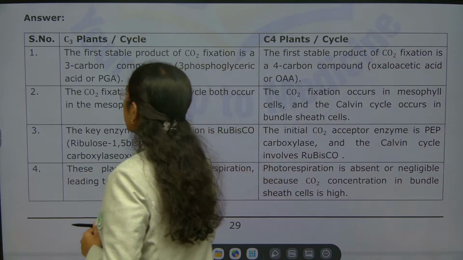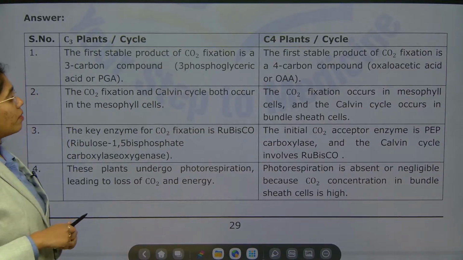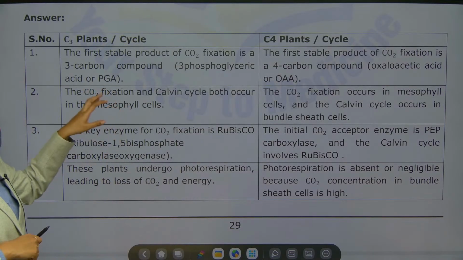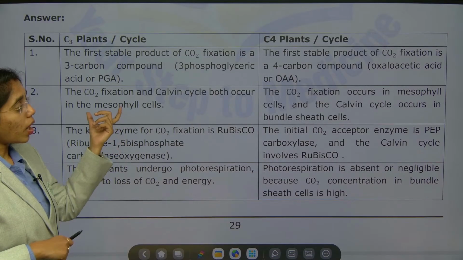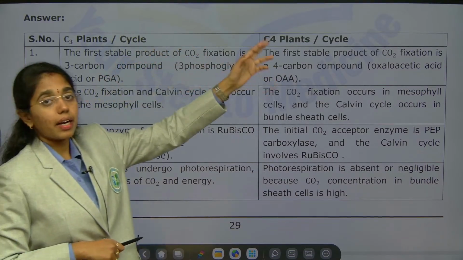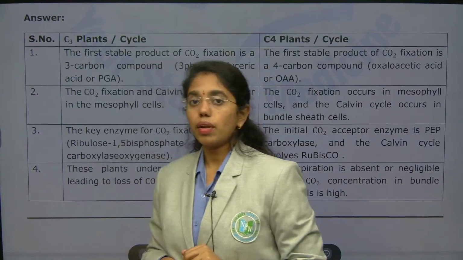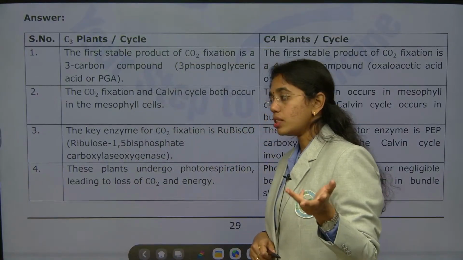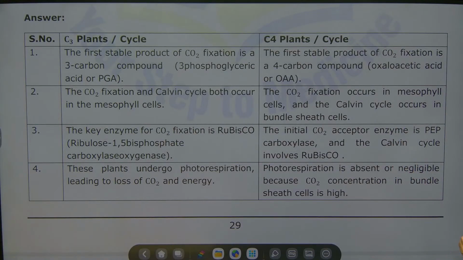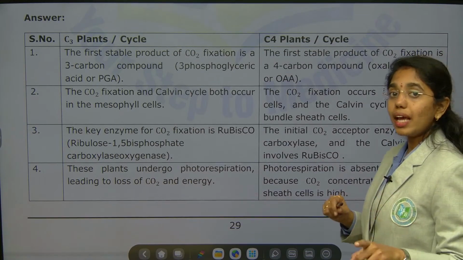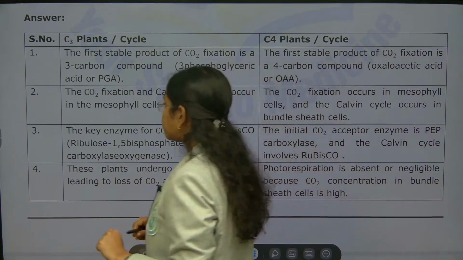In C3 plants, carbon dioxide fixation and Calvin cycle both occur in mesophyll cells, whereas in C4 plants 2 times carboxylation will happen, primary carboxylation and secondary carboxylation. First the carbon dioxide fixation happens inside the mesophyll cells and the Calvin cycle occurs in bundle sheath cells.